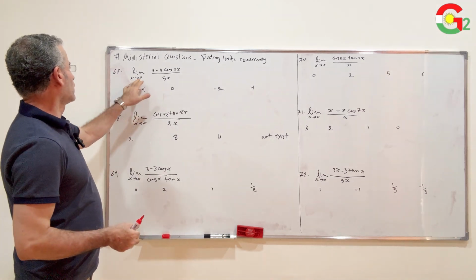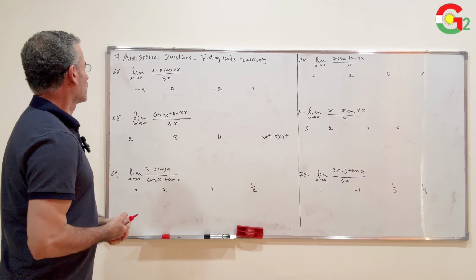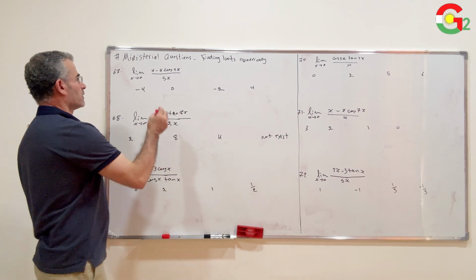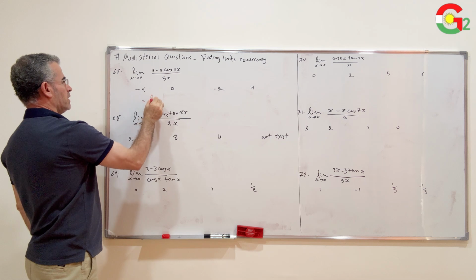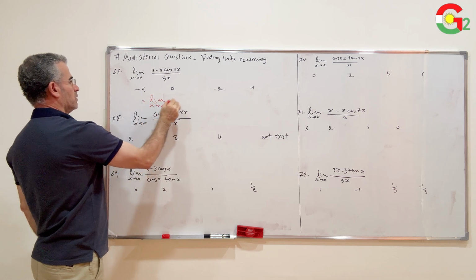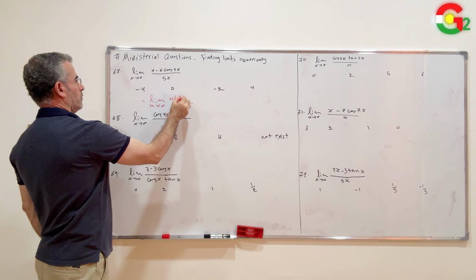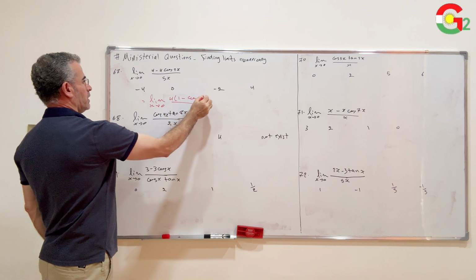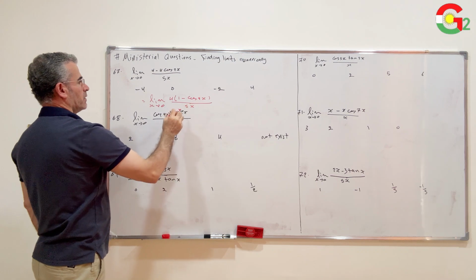Question number 67. Limit as x approaches 0 of 4 minus 4 cosine 2x over 5x. This limit will be the limit as x approaches 0, factorized by 4, of 1 minus cosine 2x over 5x.